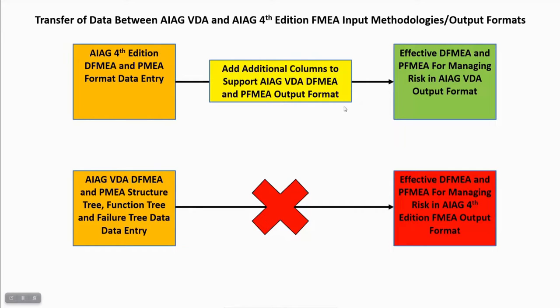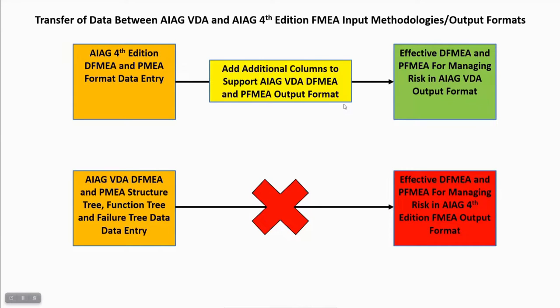If, however, you have software that is creating the 4th edition format from structure trees, function trees, and failure trees, you will find out upon audit, on close looking, that these are not created correctly. They will have the issues that we showed: failure modes in the cause column, lack of enough detail in the requirements column, and not root causes in the PFMEA.